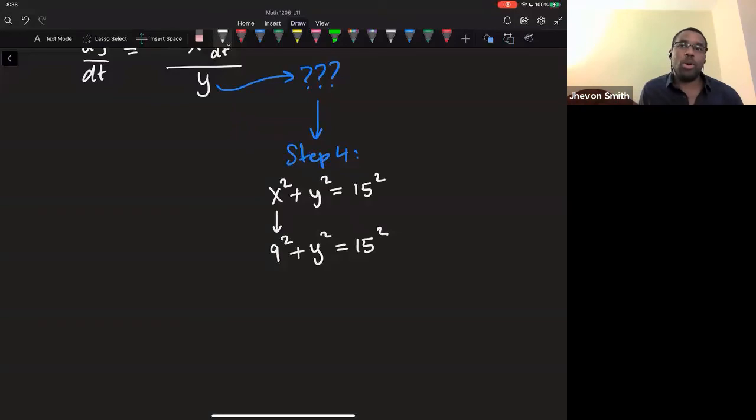Okay, who can tell me what y is without actually squaring 15 and 9 and then taking a square root, like 15 squared minus 9 squared?